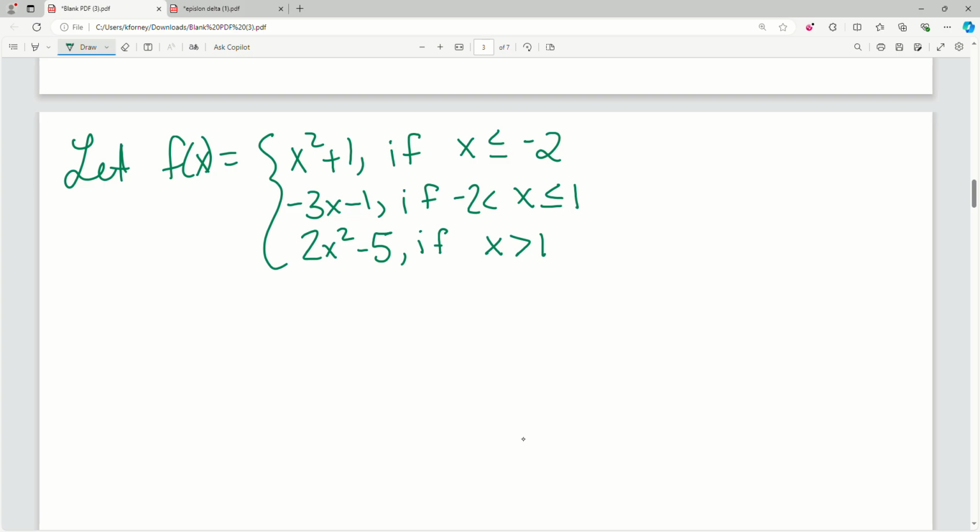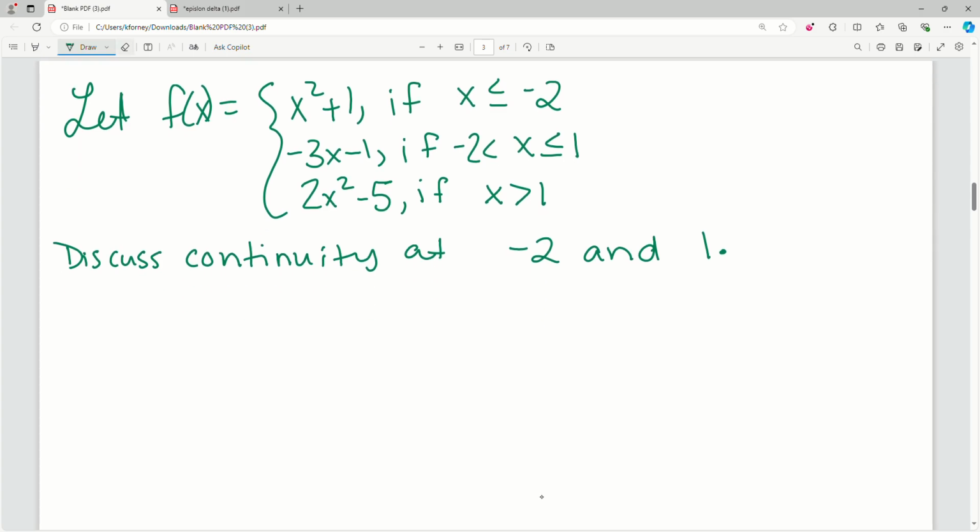So now, in this, we would be discussing continuity at 2 places. What 2 places do you think we're going to be discussing continuity at? At negative 2 and 1. So we're going to have to do 2 separate arguments here.